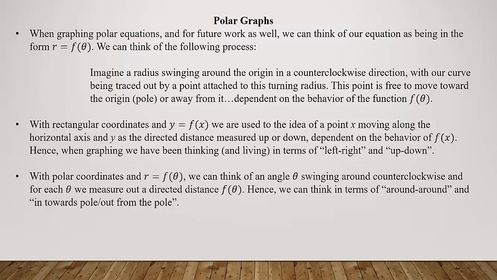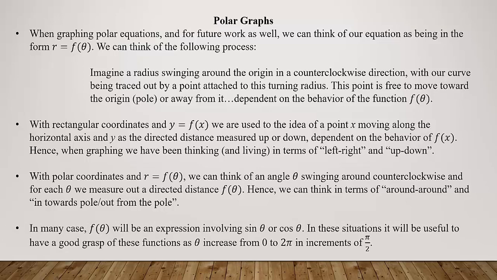R is the directed distance. So we can think of the polar axis moving around and around, and the polar graph being traced out by moving in toward the pole or out away from the pole.